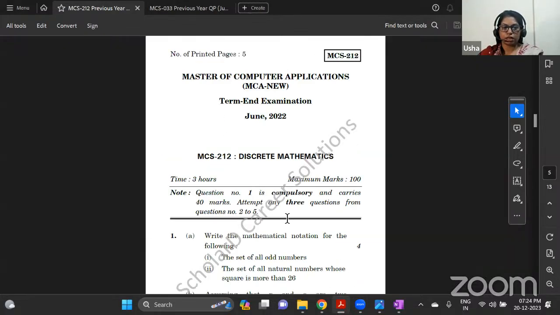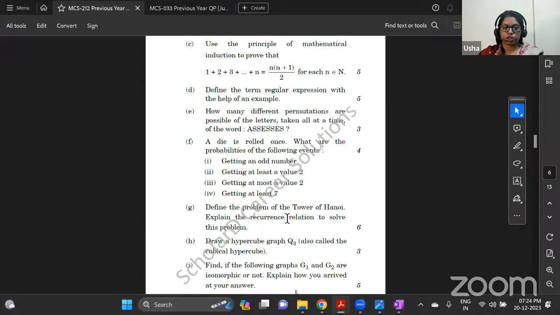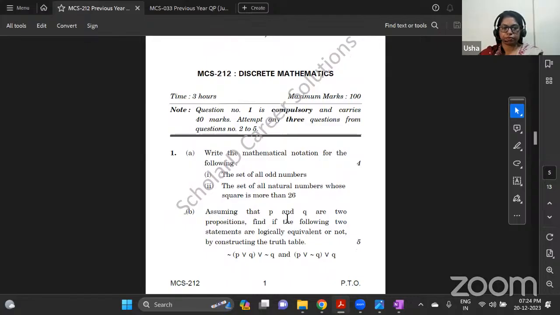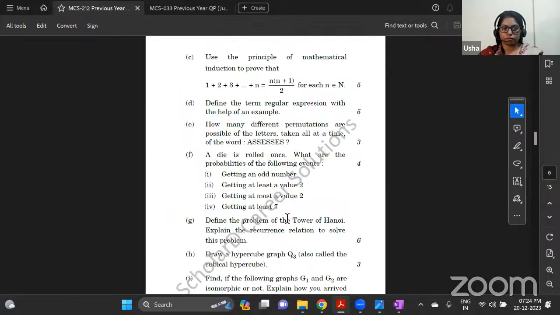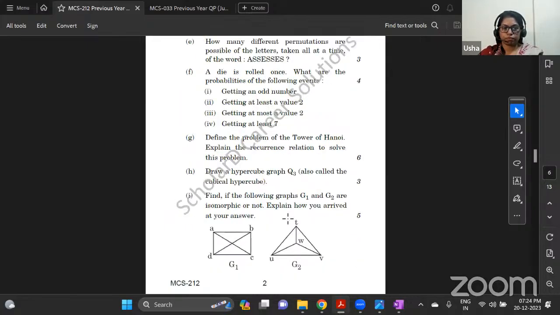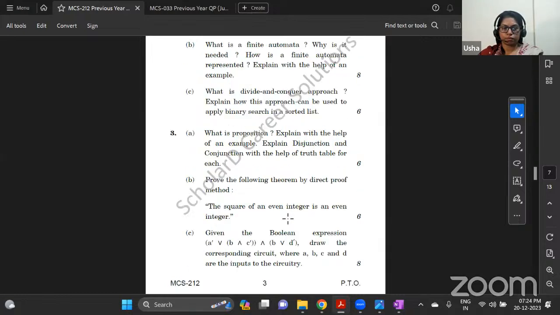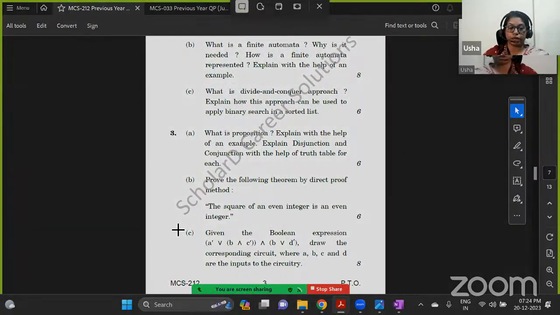Let me see if there is any expression given for which you are supposed to write the diagram. So here, see, they have given 8 marks for drawing a diagram.